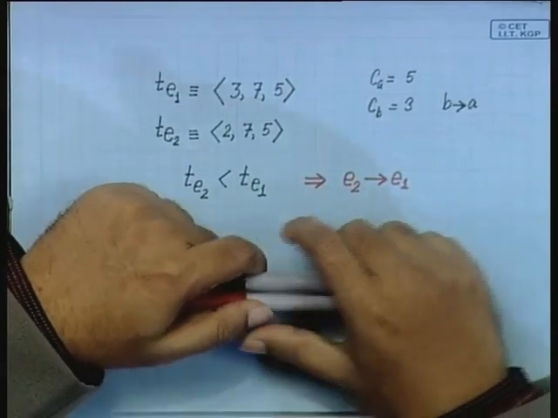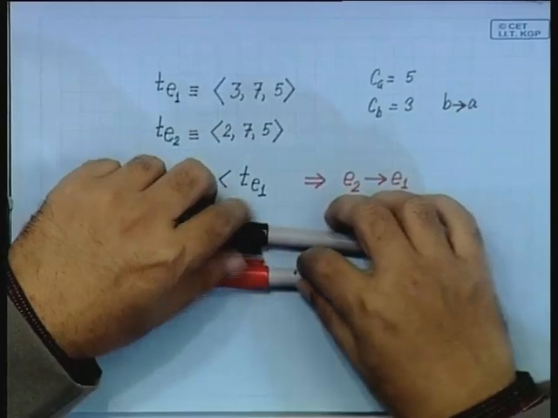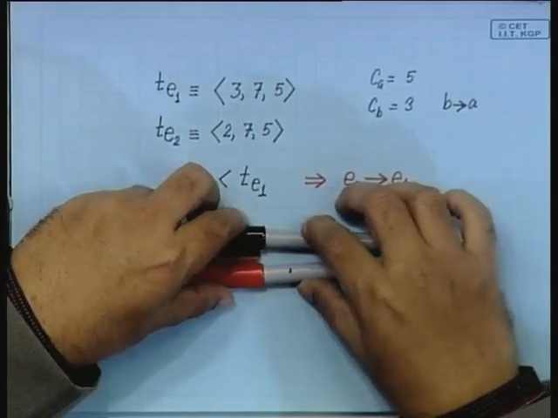Now, what you must think is, think of cases where there are two events occurring in different processes, and one has a timestamp smaller than the other, and then try to establish that there has to be a causal order between the two.